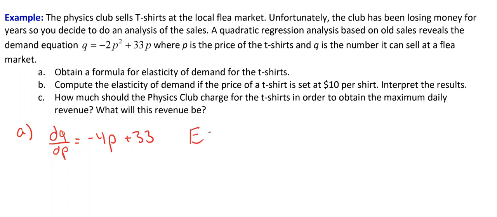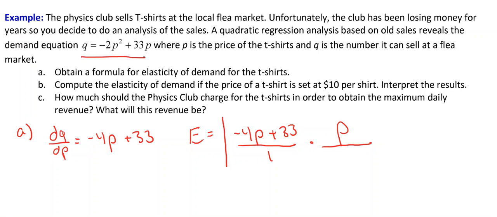Elasticity then is going to be the absolute value of negative 4p plus 33 all over 1 times p divided by q. But remember, q is our demand equation. So that would be negative 2p squared plus 33.